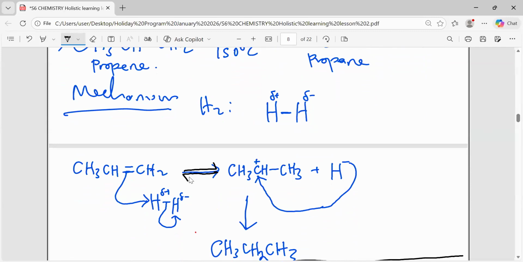Now, in hydrogenation, that one may not matter a lot, because at the end of it all, you recall it is hydrogen and hydrogen. But where we have a hydrogen and another atom, then Markovnikov's rule is going to apply.